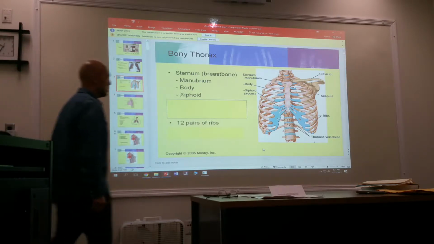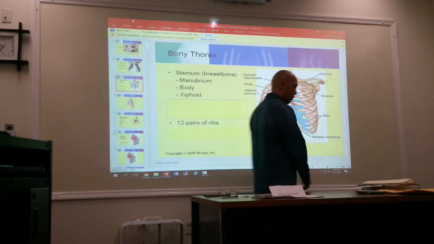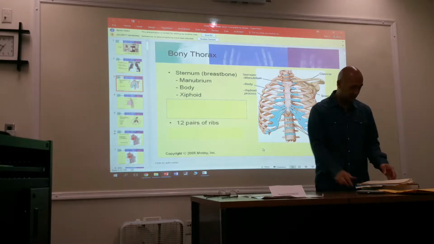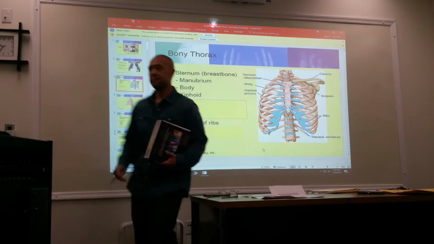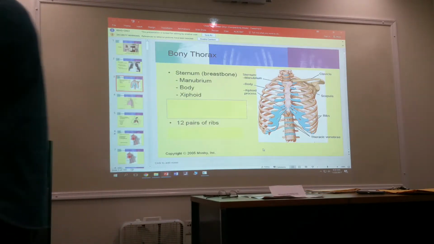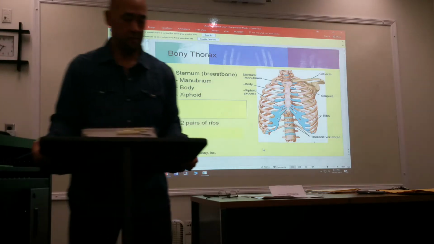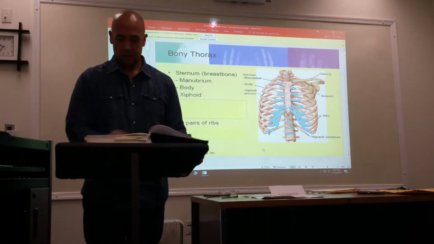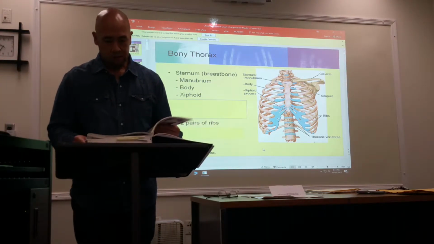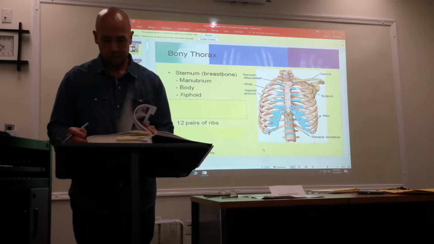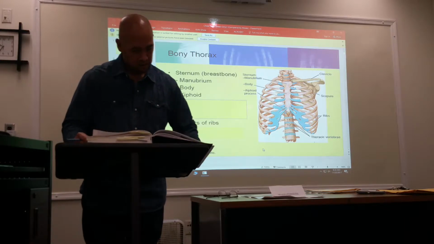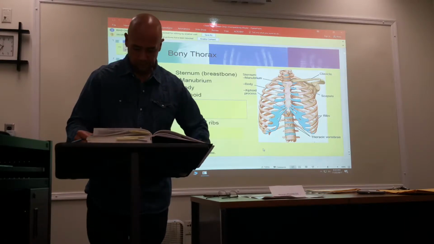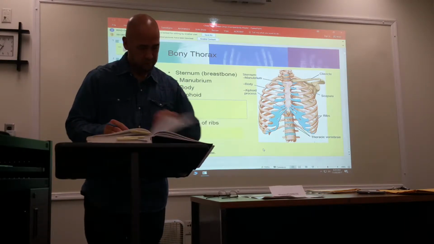Now what does the book say about the bony thorax for this section of the chest?